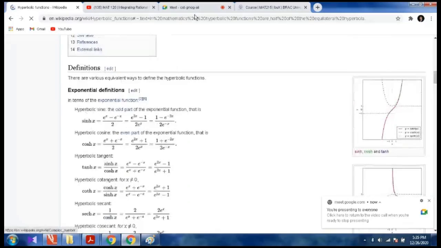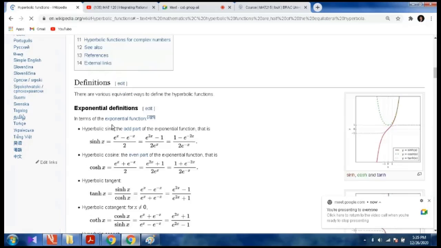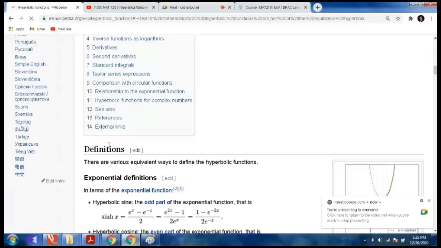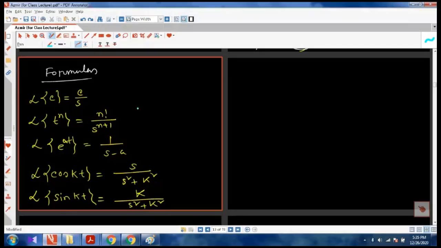Hyperbolic functions can be denoted like this: sine hyperbolic is e to the power x minus e to the power minus x by 2, and hyperbolic cosine is e to the power x plus e to the power minus x by 2. So these are the hyperbolic functions. Okay, let's solve some problems by using the formulas.